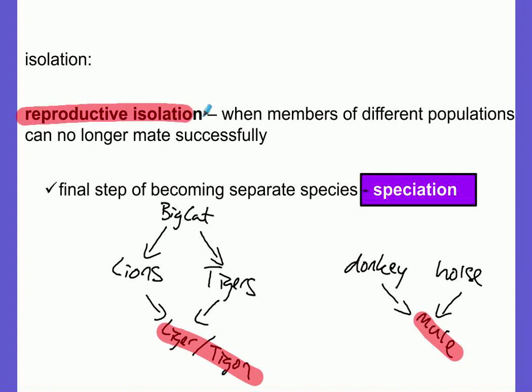So the whole idea is, yes, they did manage to have offspring, but it's not really a successful reproduction because neither offspring, the ligers, the mules, can have their own offspring. But again, we know that donkeys and horses likely have a common ancestor because they can reproduce at all. So we have this reproductive isolation.